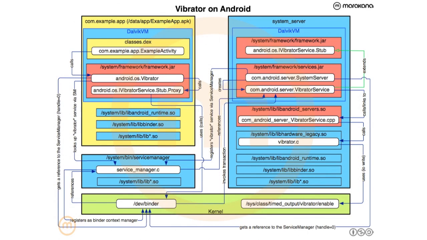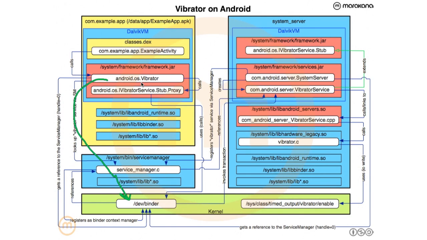So let's go back to our client. Okay, so now our client finally wants to vibrate the device. Well, what it does when it builds the vibrator is essentially, as you will see, nothing more than a little proxy. Vibrator actually goes, first and foremost, before the vibration happens, over to binder and says, hey, binder, where's the service manager? It gets it the same way the system server did.